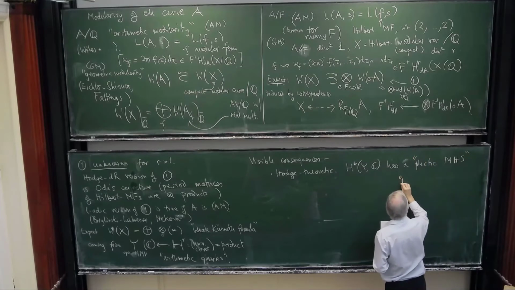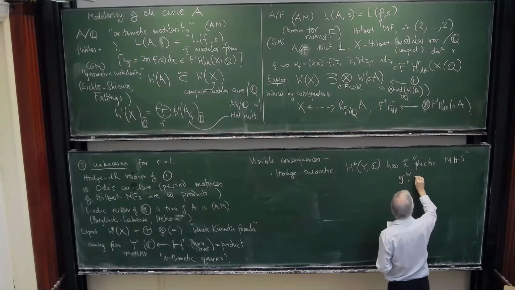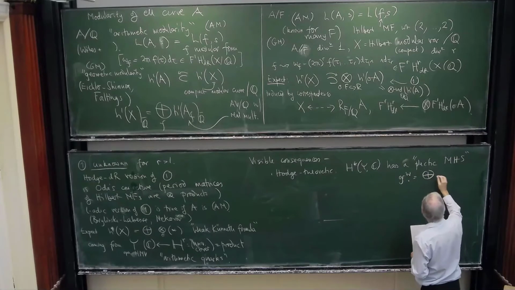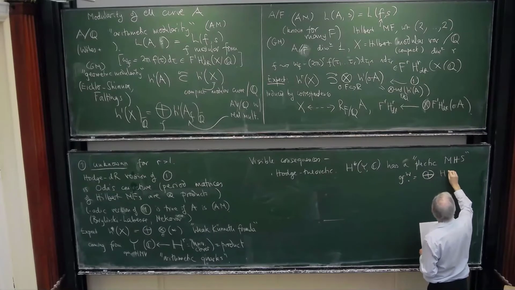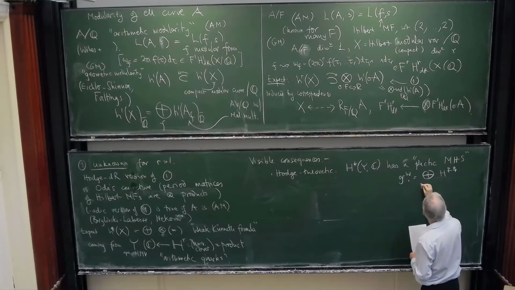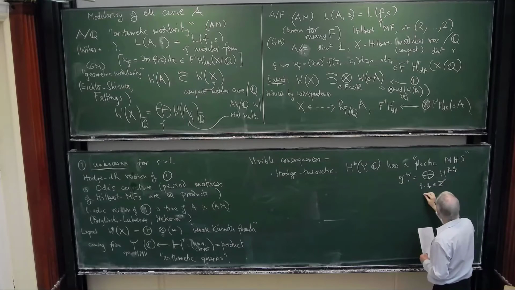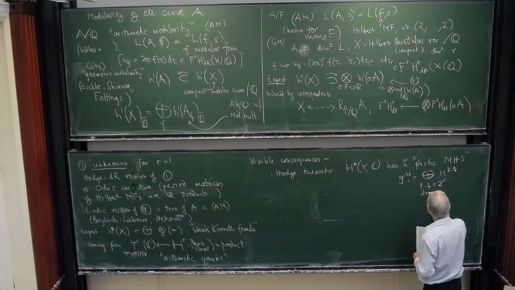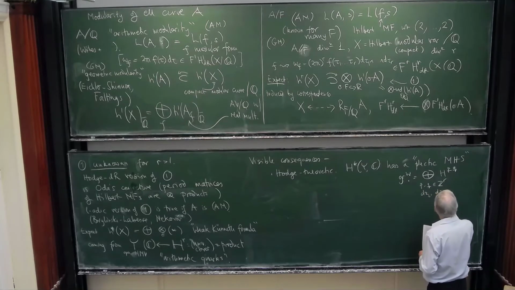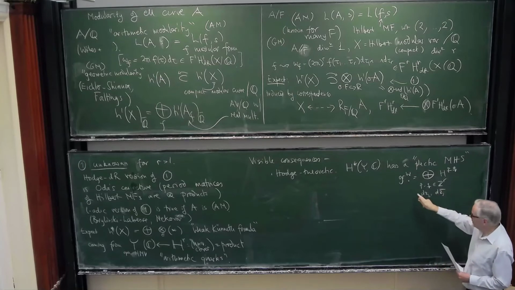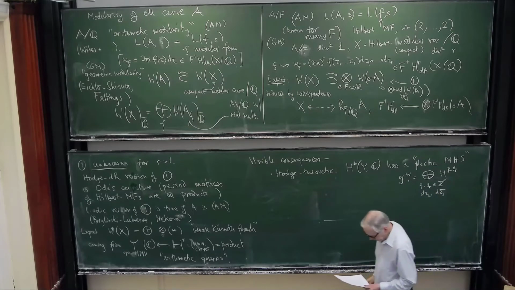This means that if you look at the graded pieces for the weight filtration, instead of just being sums of H^{p,q}, they are sums of H^{p_,q_}, where these now are multi-indices. This comes from the fact that you've got dz_j and you've got dz_j bars, and this tells you how many of each you've got.